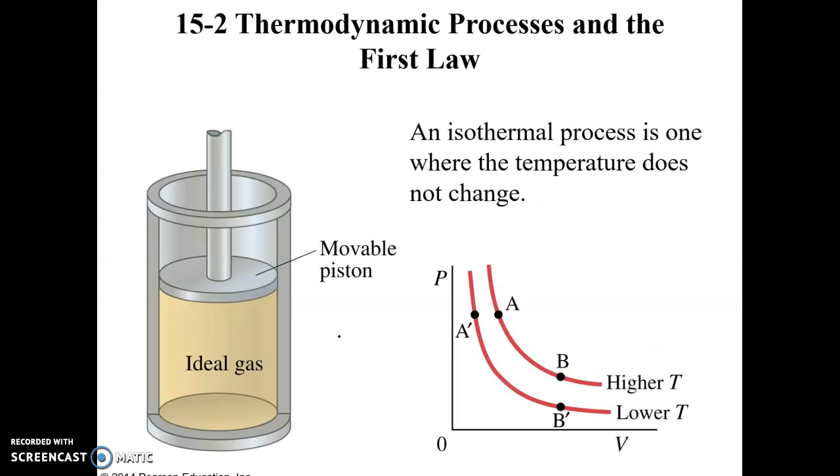So what we have here is a piston, a movable piston that can go up and down. And inside it we have gas. We're going to use this idea of a piston to illustrate some thermodynamic processes. So if we have what is called an isothermal, iso meaning same, thermal meaning temperature, what we're saying is the temperature in this situation does not change.